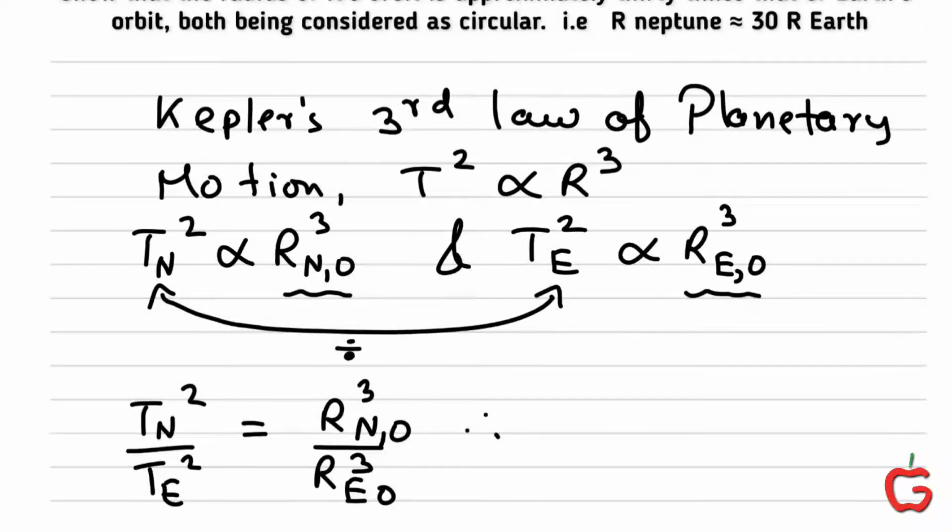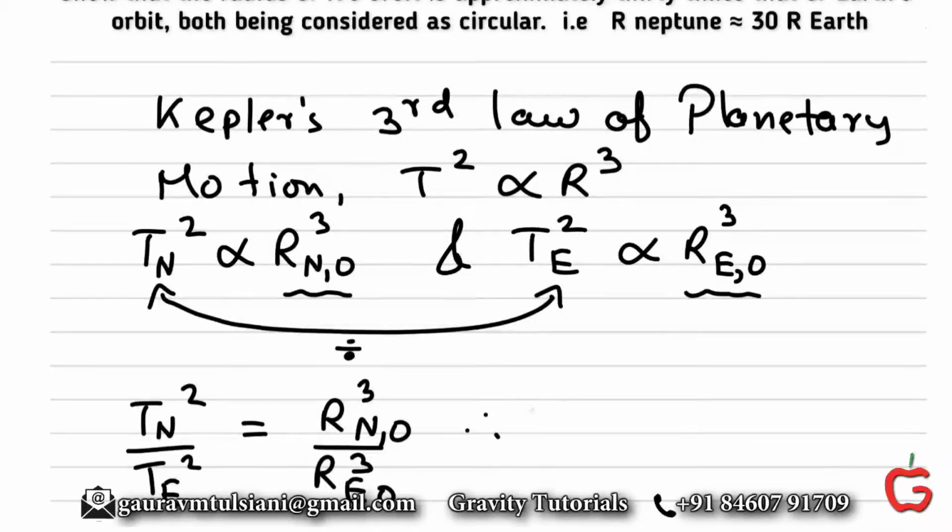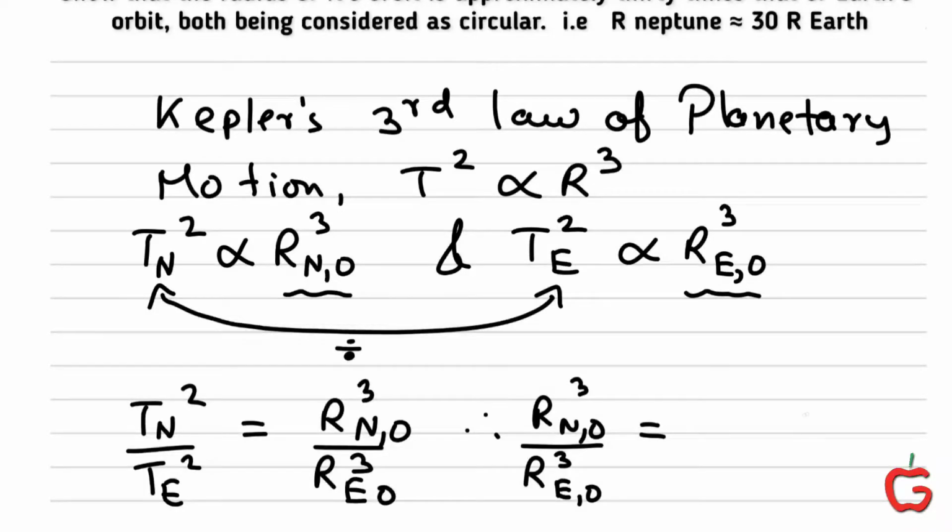Okay, so we know the time period of Earth is 365 days, 365.25 days if we consider leap year too. So the orbital radius of Neptune cubed is to the orbital radius of Earth cubed. This gives us the time period of Neptune, that is 165 years. So this 165 years is in Earth years.